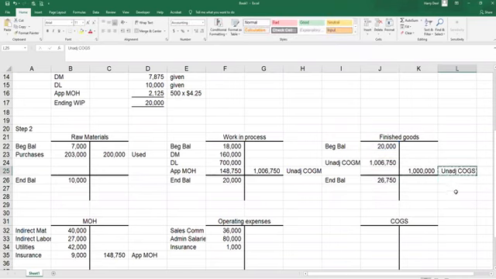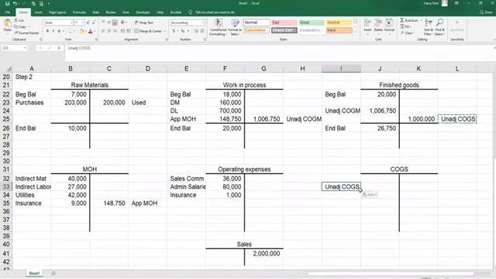That $1 million of the unadjusted cost of goods sold is transferred to the cost of goods sold account. So debit cost of goods sold, credit finished goods.